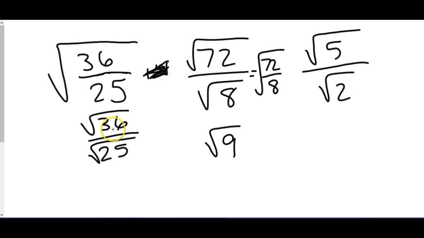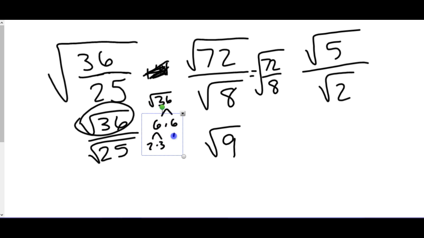So when it came out as the decimal, we want them to have separate square roots, because then we want to check and see if each individual square root can actually be square rooted. So square root of 36, if I reduce 36 down by doing my factor tree, I get 6 times 6. 6 will break down to be 2 times 3.